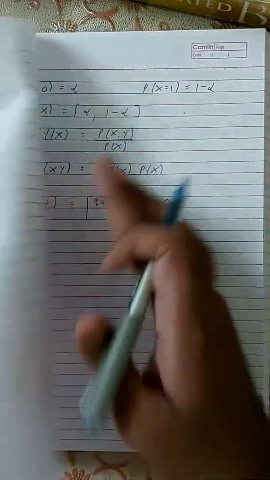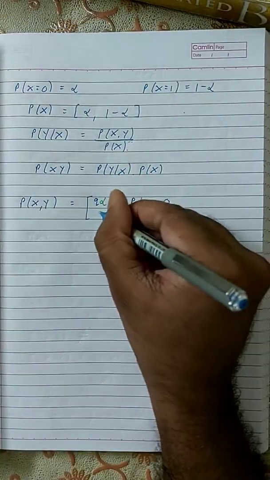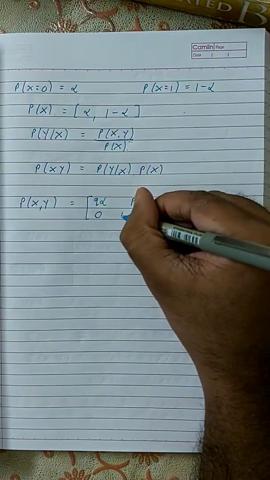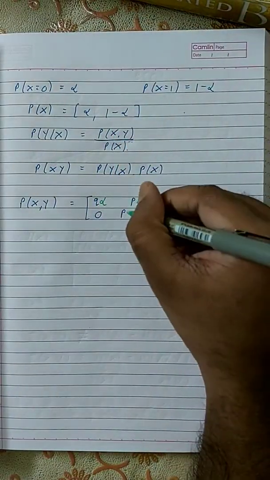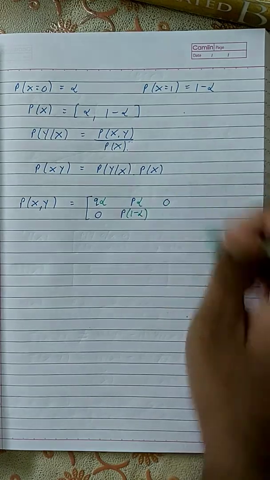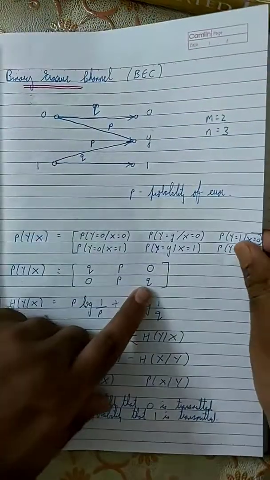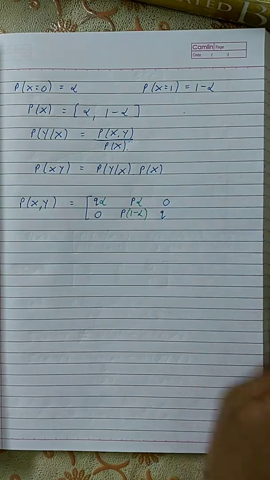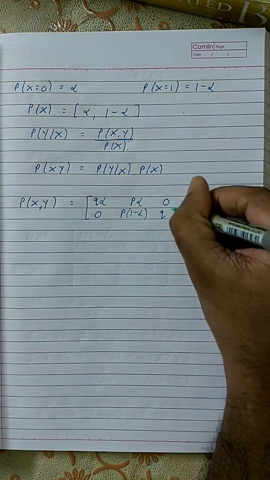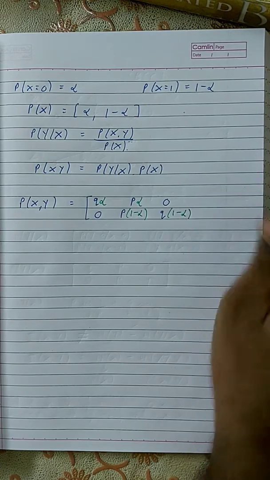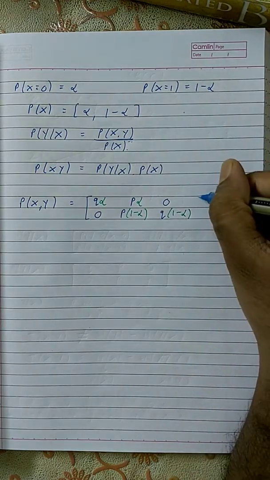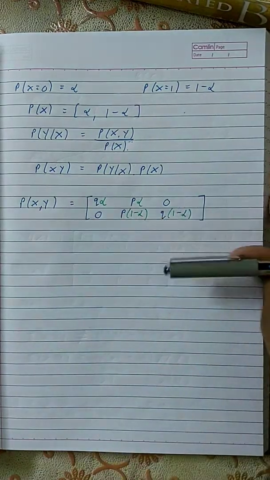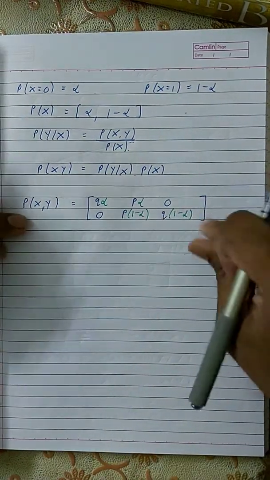So 0 into 1 minus alpha is 0. Then P into 1 minus alpha is P into 1 minus alpha, and the other one is Q into 1 minus alpha. There. I found the value of p of xy.